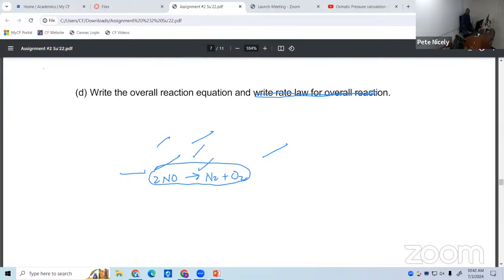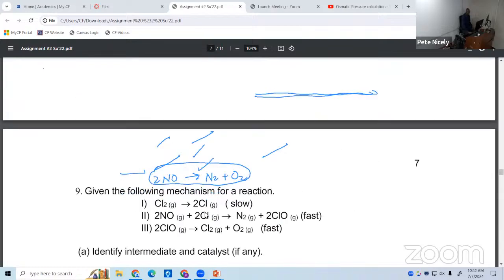The only thing I can write down in the form of a rate law is for the first step. Let me show you. Rate would be equal to, let's say that this is K1, K1 times the concentration of Cl2.